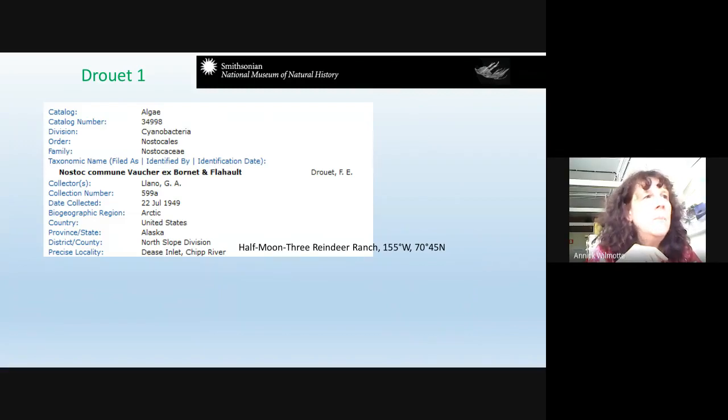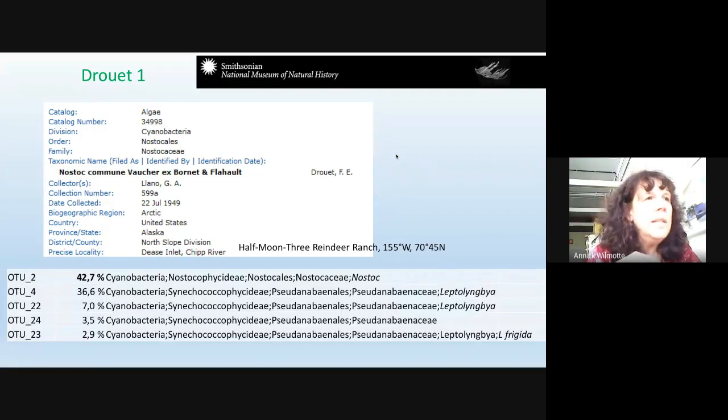So it was taken in 1949, and in the label it was written that it came from Half Moon Tree Reindeer Ranch, and there were geographical coordinates. What did the sequencing give us?